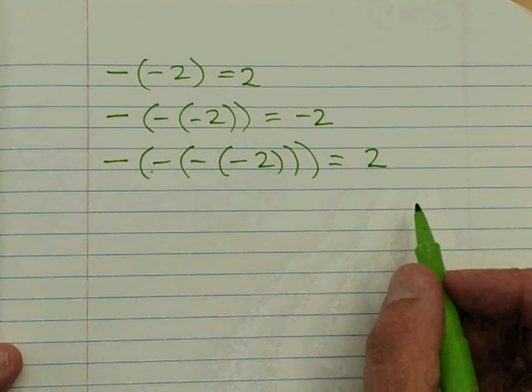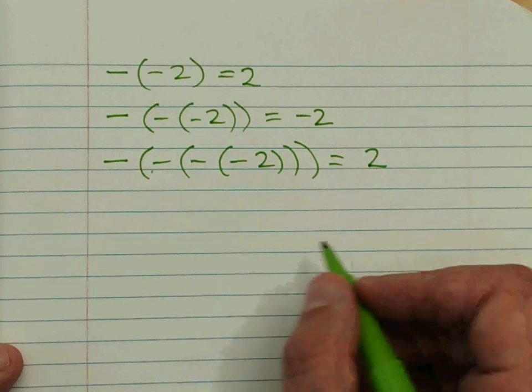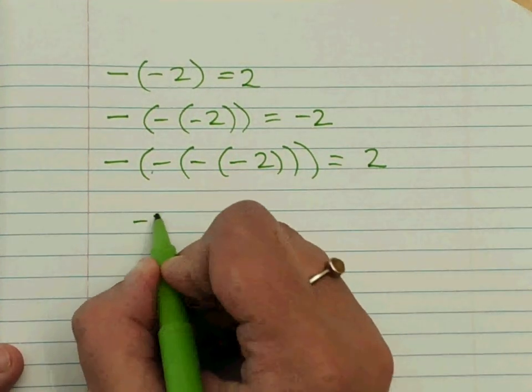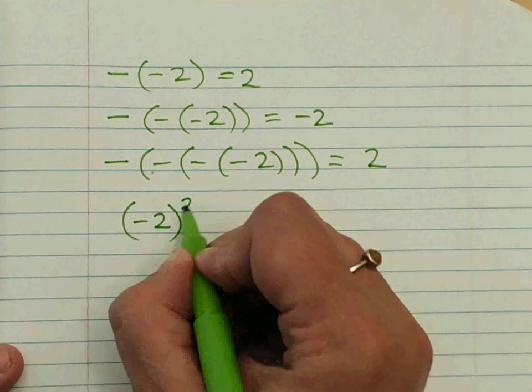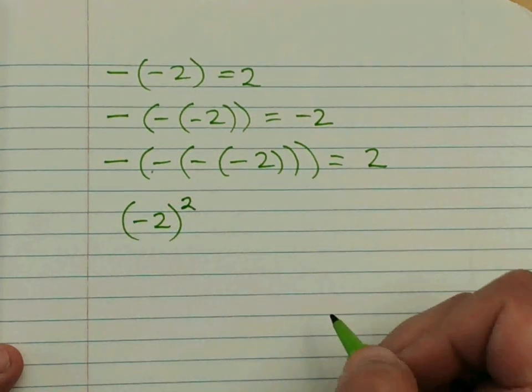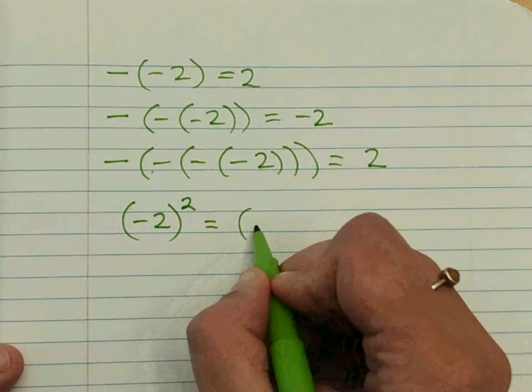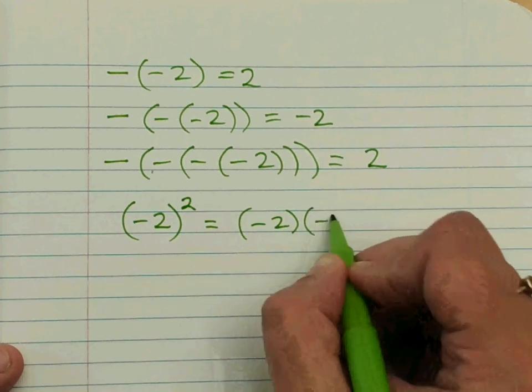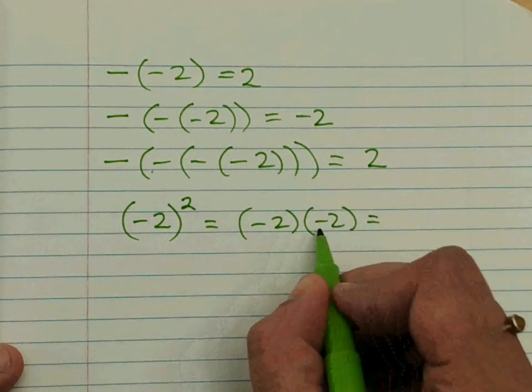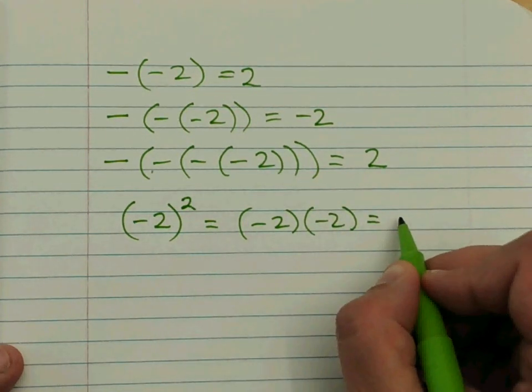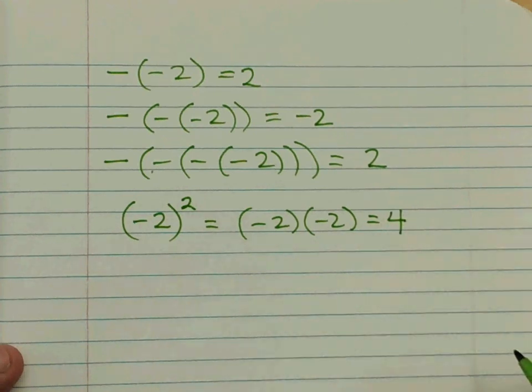This is similar to the idea of what if I had an exponent? So what if I have negative 2 squared? Yes, that would be negative 2 times itself. Negative times a negative is a positive 4. Yes.